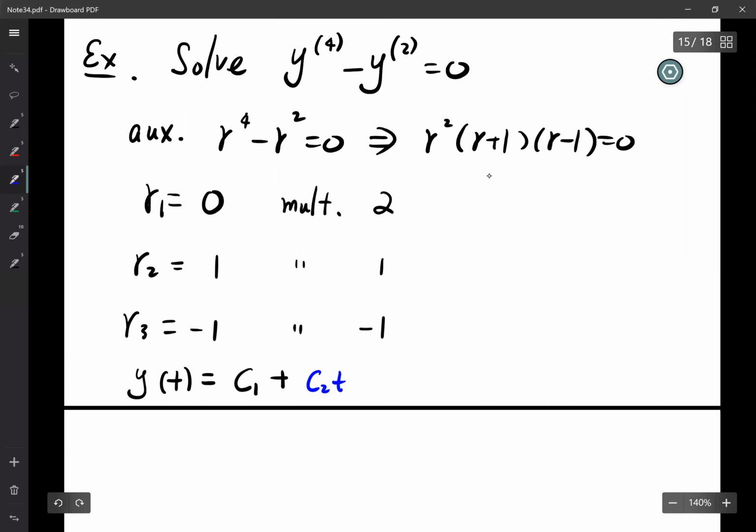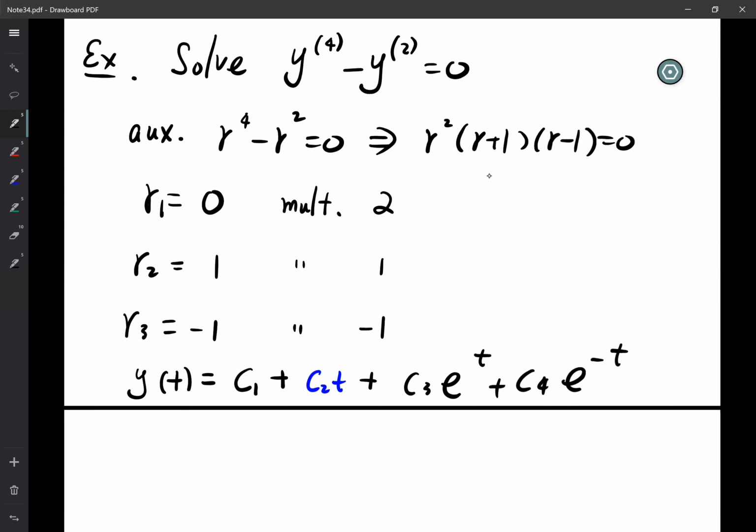That comes from here. Then I have c3 e to the t plus c4 e to the minus t. Professor, does that say multiplicity minus 1? Oh, sorry. Thank you. And any other question?